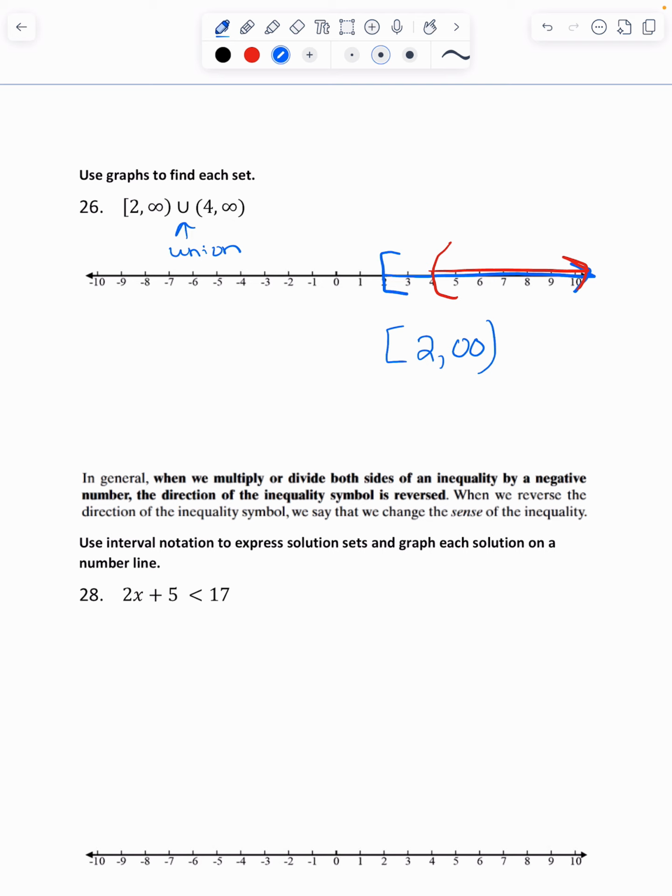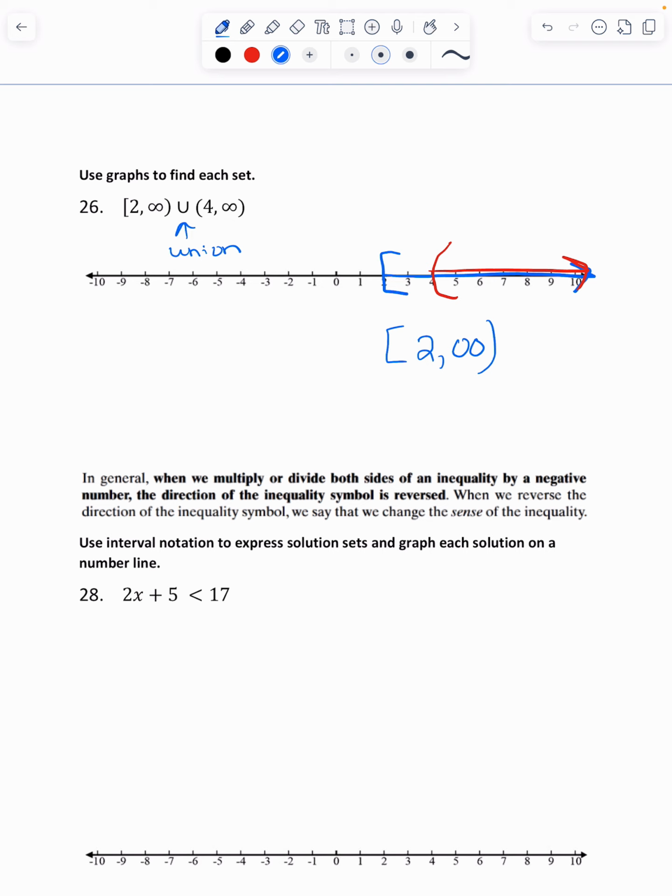The next thing that we're going to talk about is how to solve inequalities. We solve inequalities in the exact same way that we would solve equations. Now, inequalities are equations that have the inequality symbol in them. The only thing that we have to remember, there is one difference.